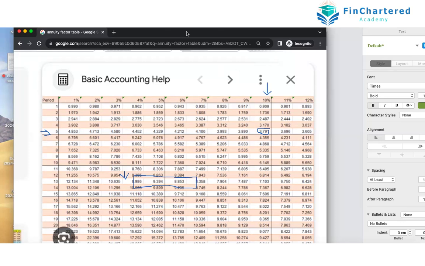I'm putting that in green, because only time 1, time 2, time 3, time 4 is left. In this case, you will find your annuity factor here, 3.170.